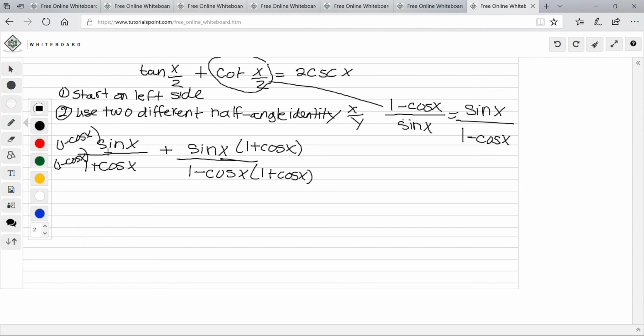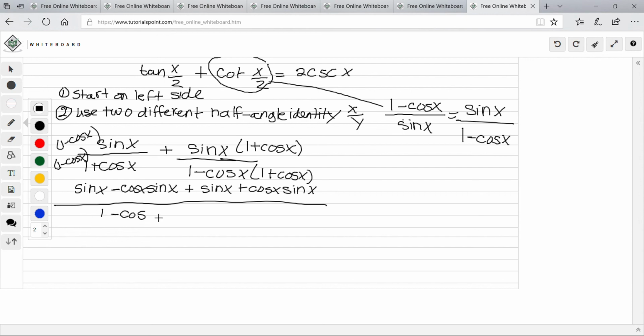So 1 times sine x is sine x, and then minus cosine x times sine x, plus, and then sine x times 1 is just sine x, and then plus cosine x times sine x, all over the common denominator.